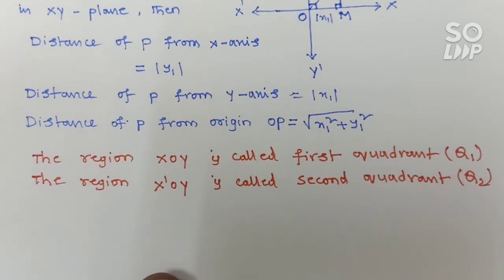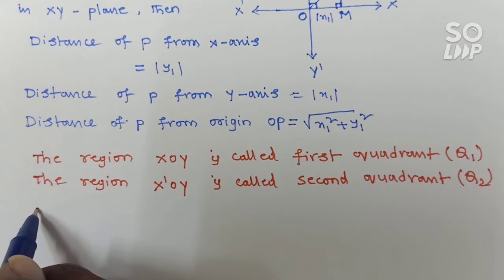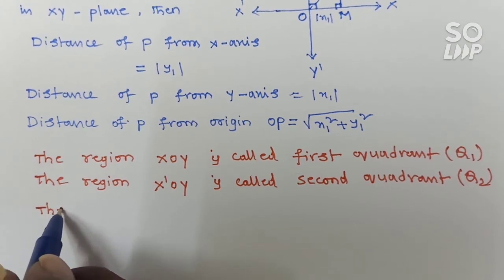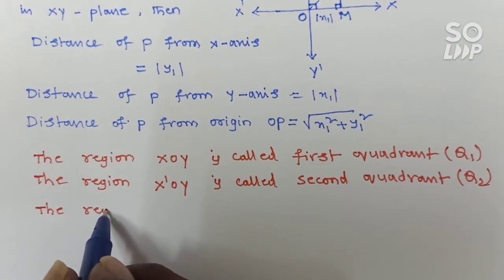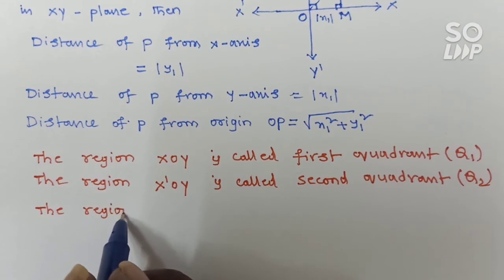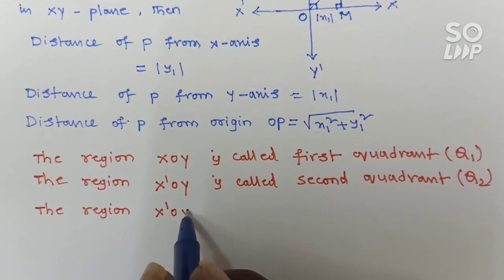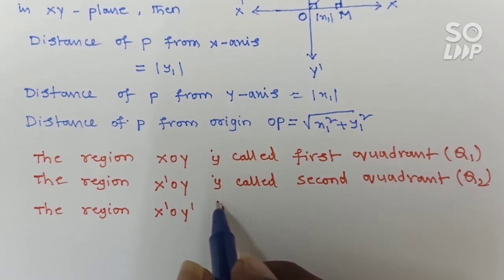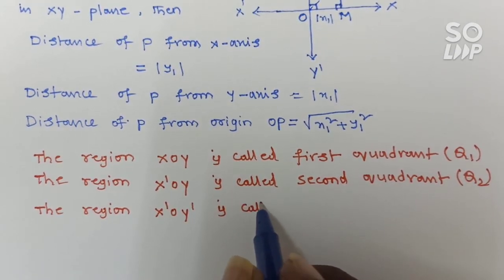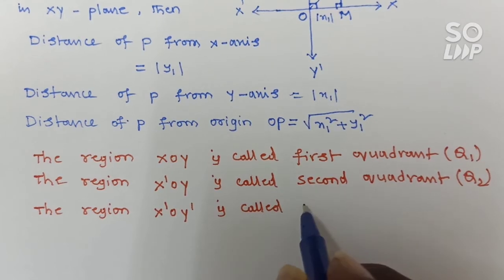The next one is the region X dash OY dash, called the third quadrant.